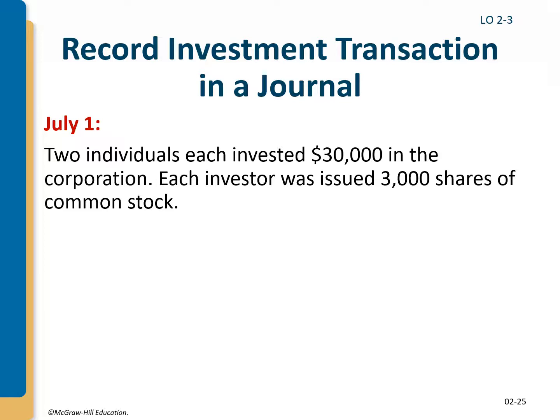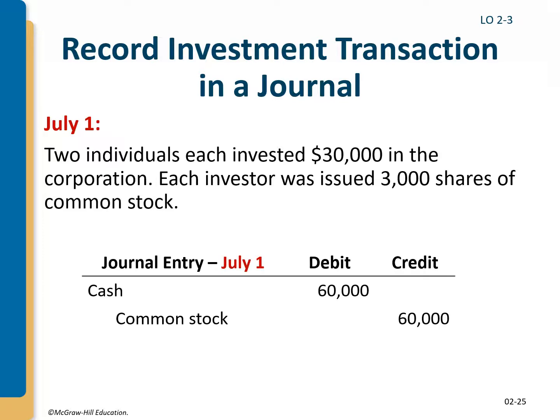Two individuals on July 1st each invested $30,000 in a corporation. Each investor was issued 3,000 shares of common stock. So the corporation gave the investors 3,000 shares of common stock each. Without any other information, we're going to increase our cash account.